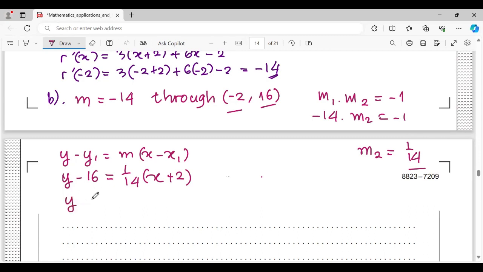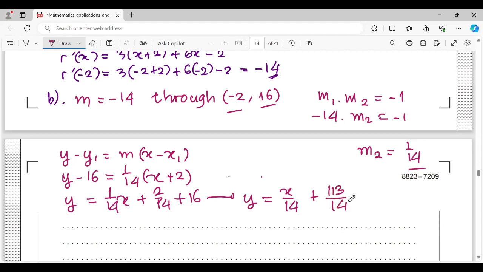It's going to be y equals 1 over 14 x plus 2 over 14 plus 16, and it becomes y equals x over 14 plus 113 over 14.